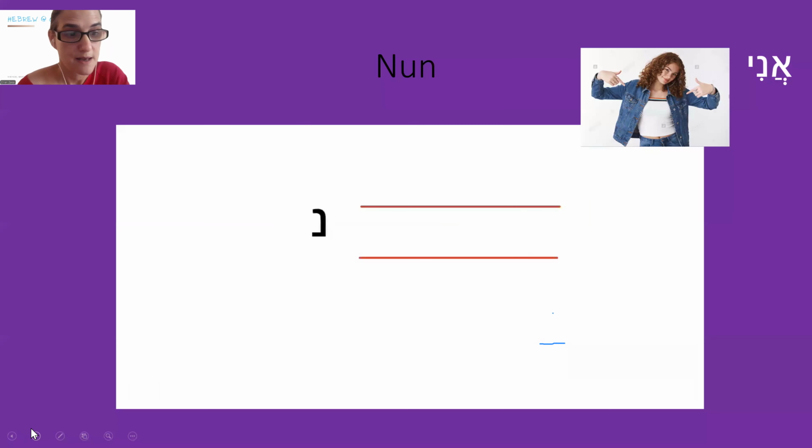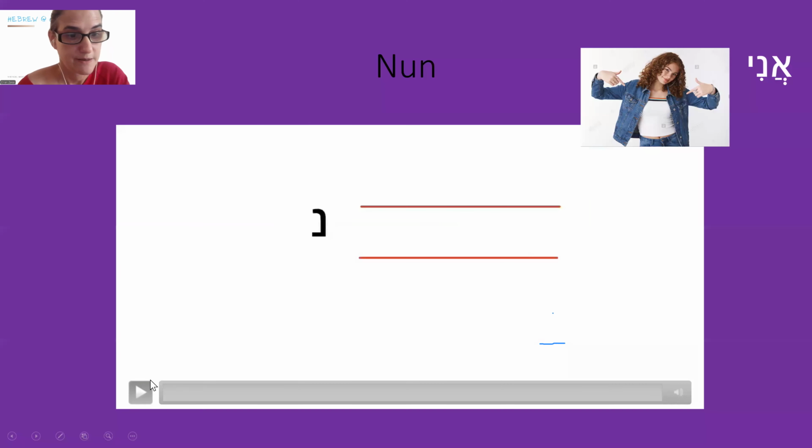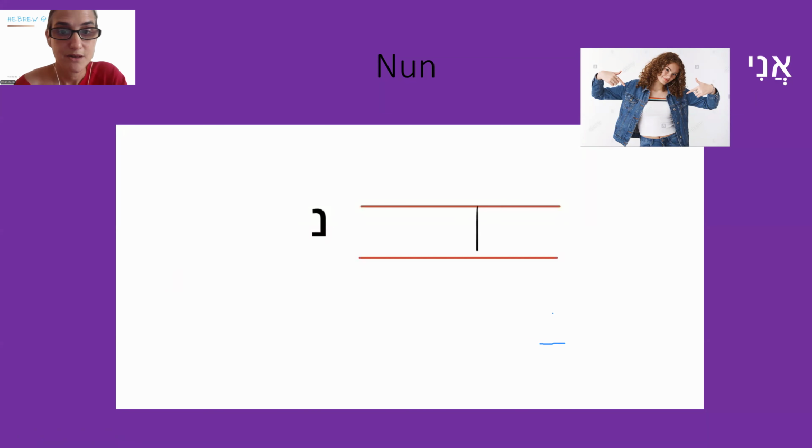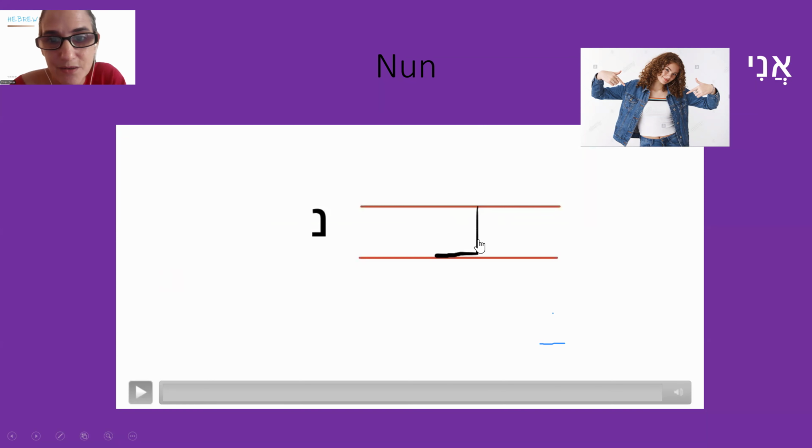So the noon, yeah, like a little L maybe. So it's the noon. It's like an open triangle. And it makes the N sound, na, ni, nu, ne.